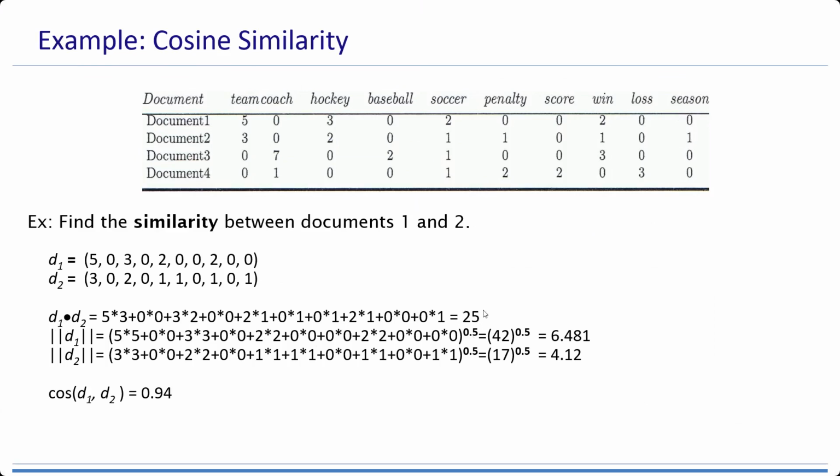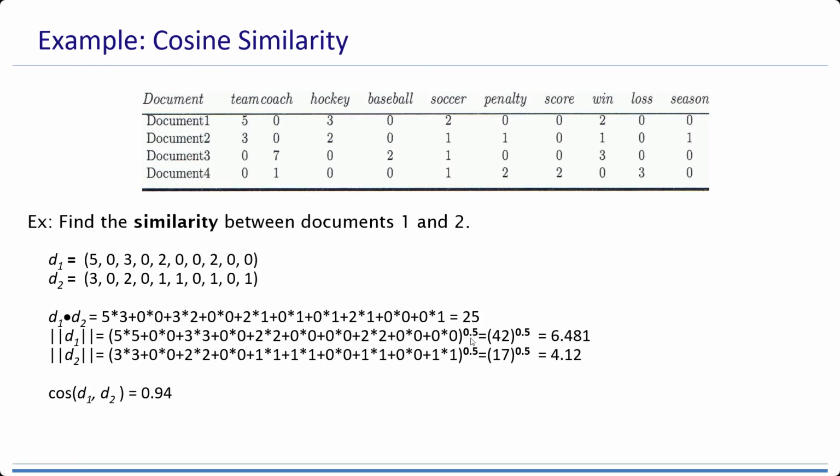The result is 25. And then we will do with the D1, or this is the square or the length of D1. It is 5 square plus 0 square plus 3 square plus 0 square, and so on. And then we do with the power of 0.5.